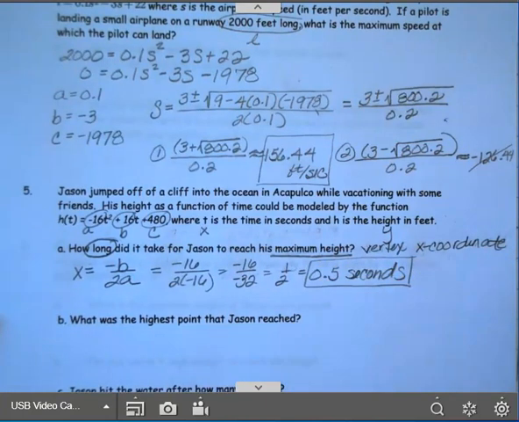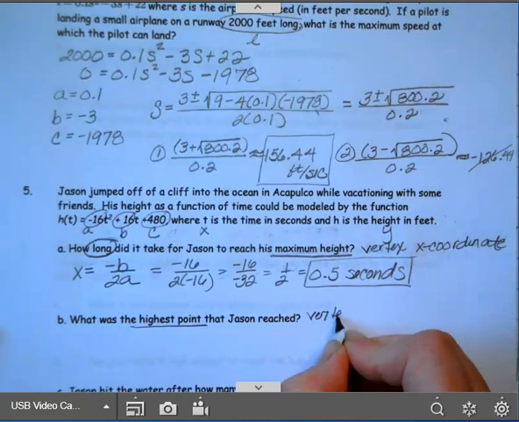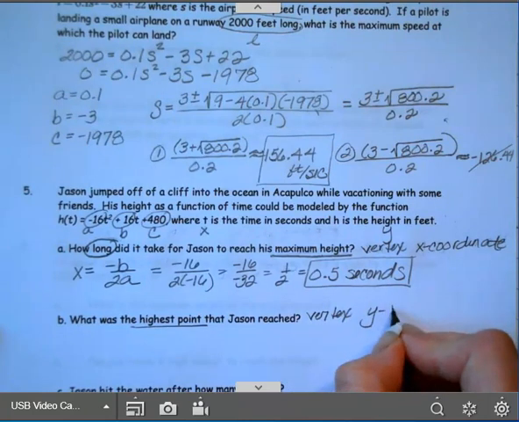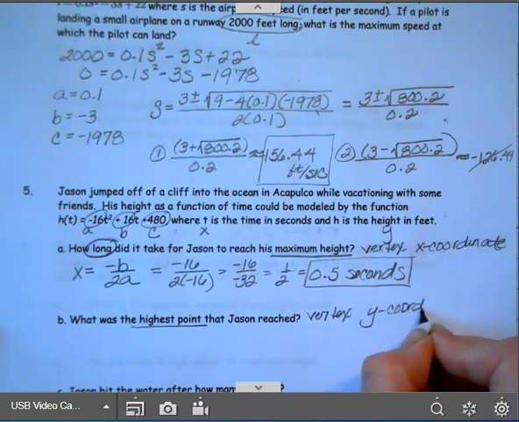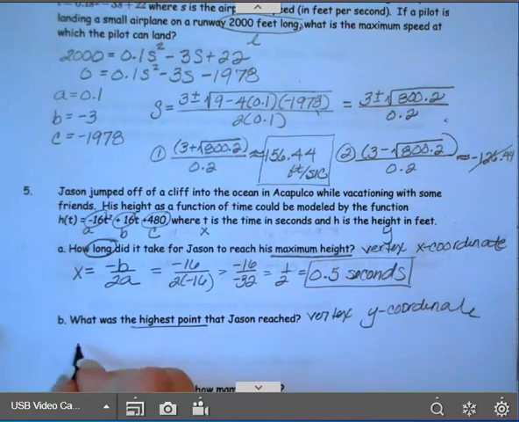Our next question asks, what was the highest point that Jason reached? Okay, so we're looking for our highest again. So that's the vertex. This time they're asking for the y-coordinate. So I'm going to plug in 0.5, that's the x-coordinate of the vertex, and find the y-coordinate.